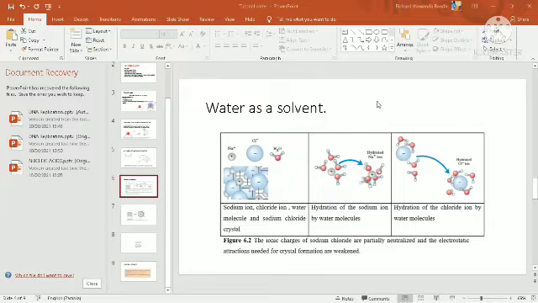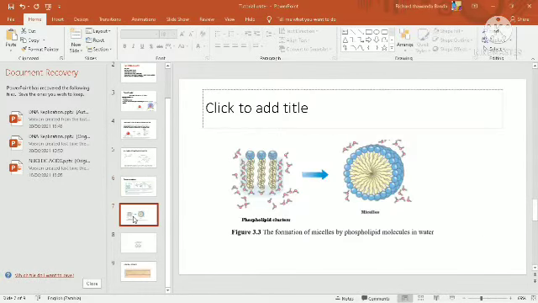However, what happens when a non-polar substance is placed in water? If you look at this next slide, say for example, you have fats, a phospholipid, which is basically made up of fats, which are non-polar.